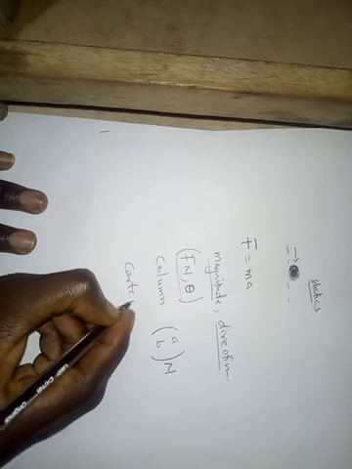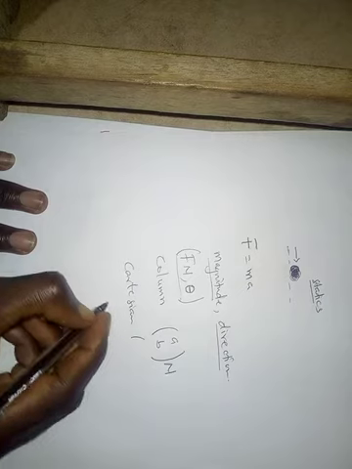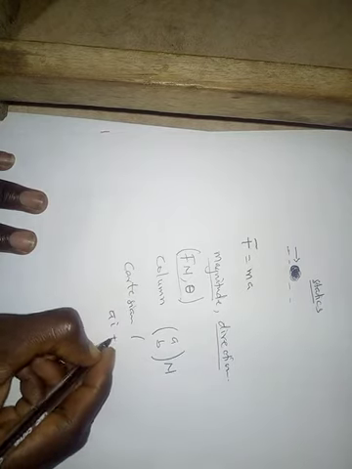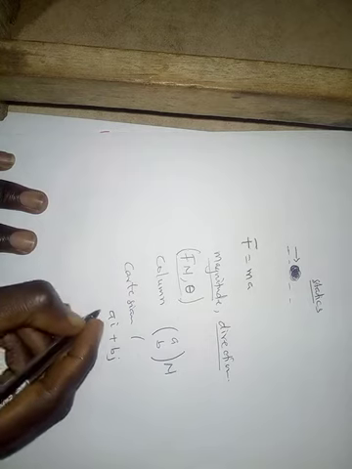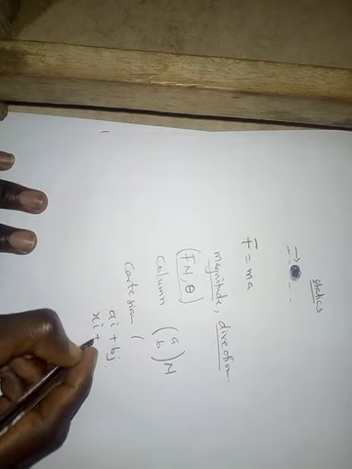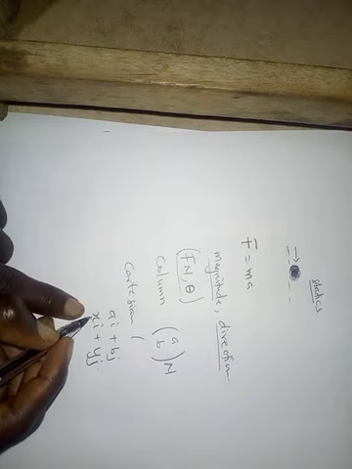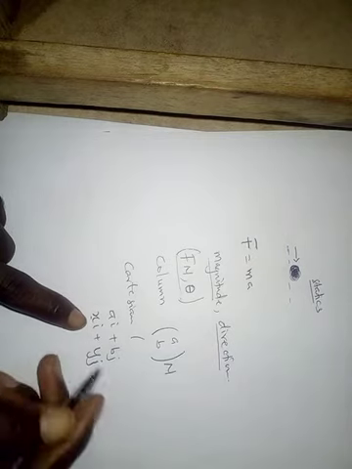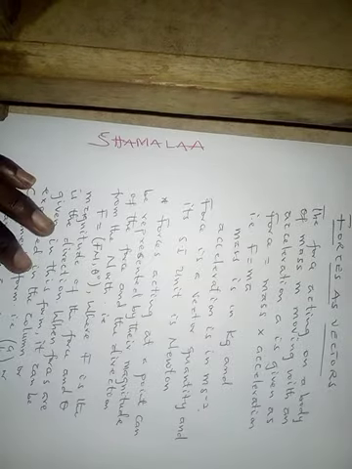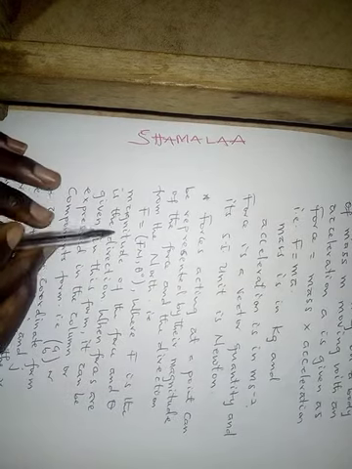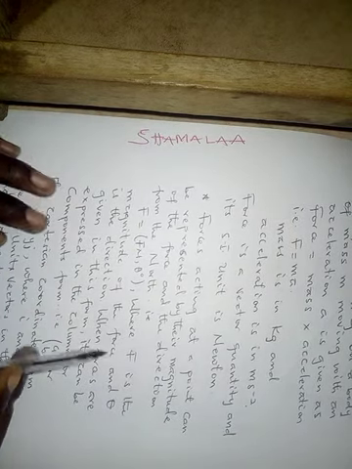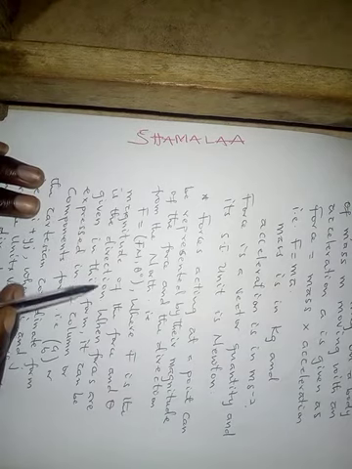And also the Cartesian coordinate form, that is AI plus BJ, or normally you will see XI plus YJ, where I is the unit vector along the X axis and J is the unit vector along the Y axis. That is what is being explained here, where F is the magnitude of the force and theta is the direction.